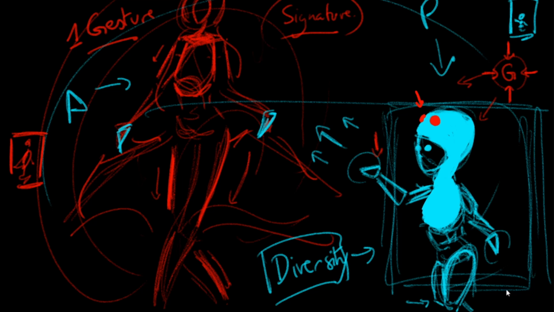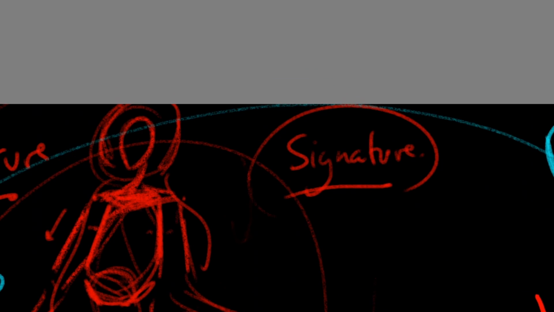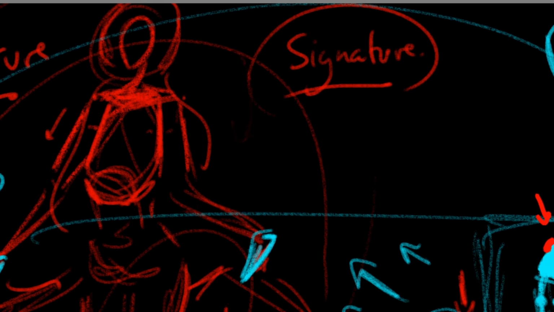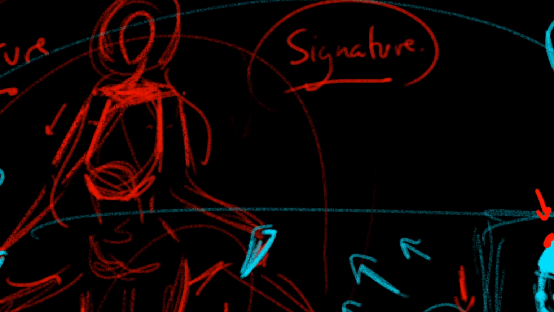I'm gonna zoom in here because I want you to see the details. We want to draw the character's face in a very relaxed manner, since the protagonist is panicking. The protagonist is trying to reach the antagonist as fast as possible.